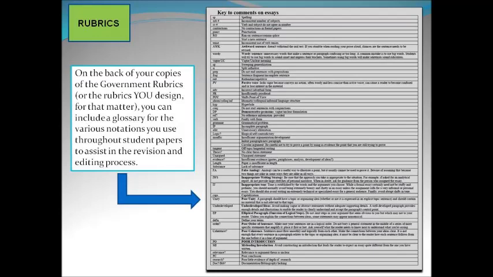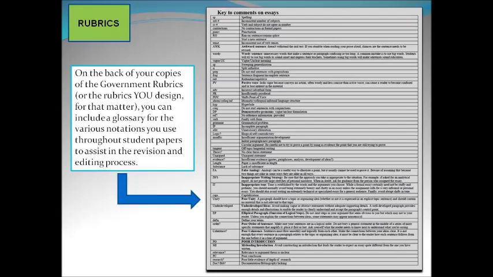If your point of view shifts where you move from talking about a he to a you to an I, something like that. Or if there's a problem with your use of contractions or punctuation, or if you have a run-on sentence, I could use a short form for that. And then if the kids are wondering, well, what does RO mean? They look on the back and say, oh, run-on, oh, right? So this is valuable as well.